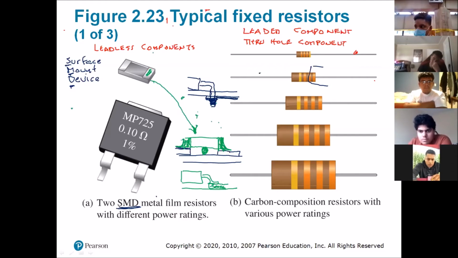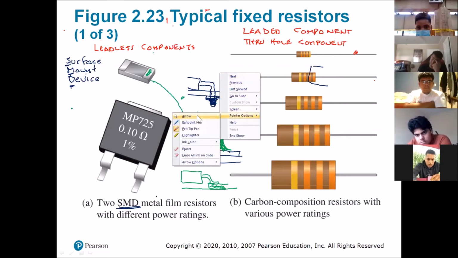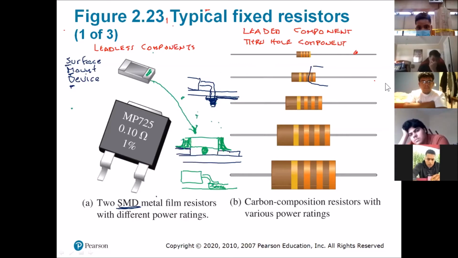There are a lot of reasons for that, some of which you'll get into maybe when you're in some of the circuits courses, ELT112, I guess it is, as to why it's much nicer to have surface mount than through hole. One key reason is the size of this resistor, and this is not to scale.